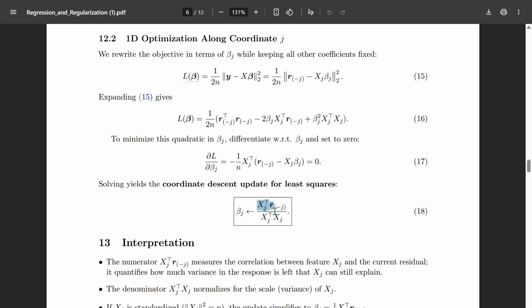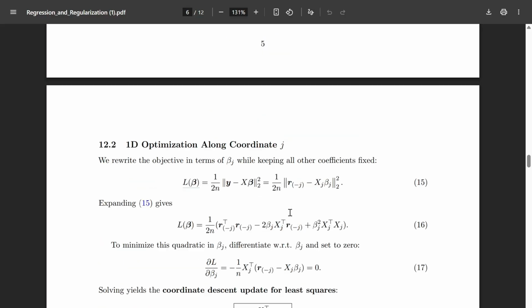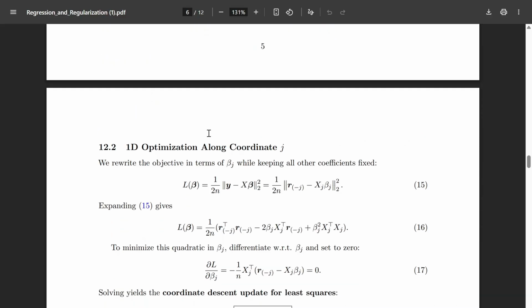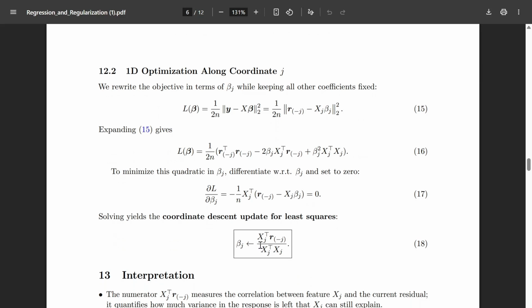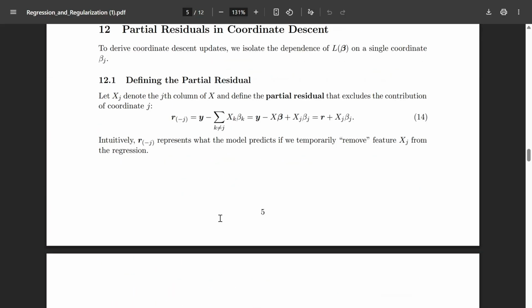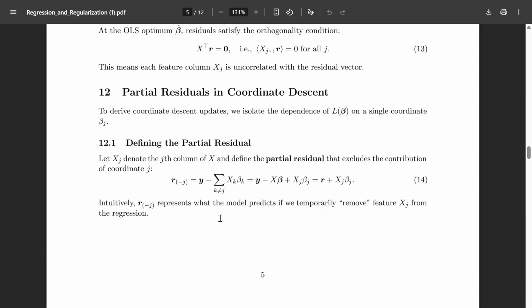So with the help of just inputs, r minus j also contains just inputs and the current set of parameters, right? So with the help of only the inputs, we are trying to find beta j, right? Okay, wait, it might be a little incorrect here.